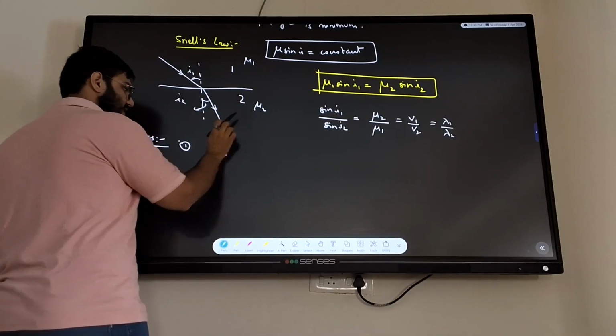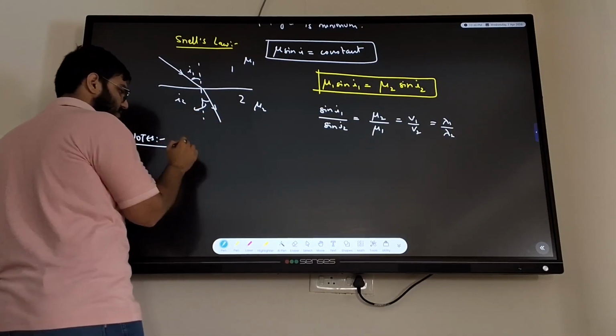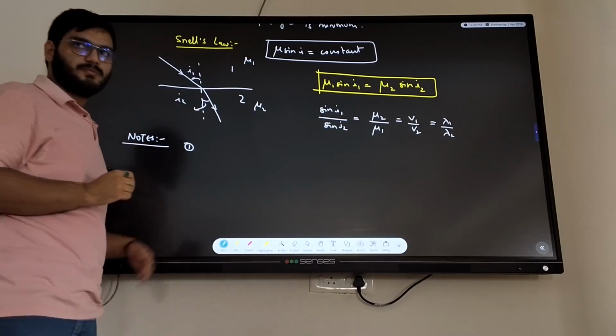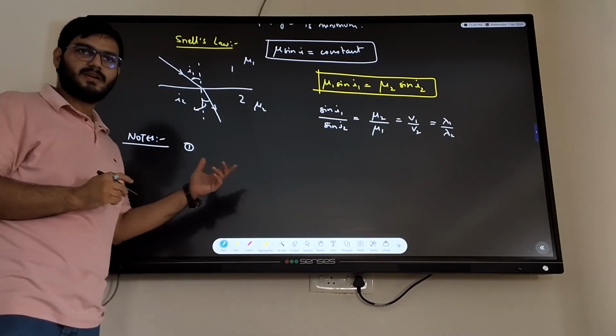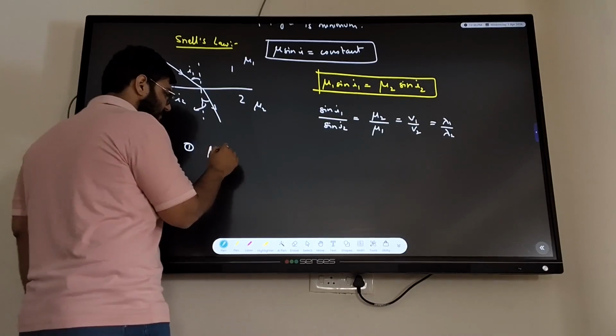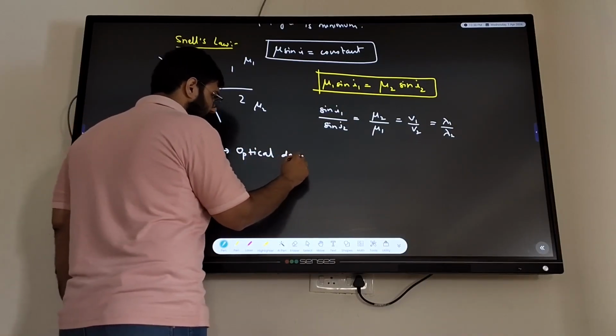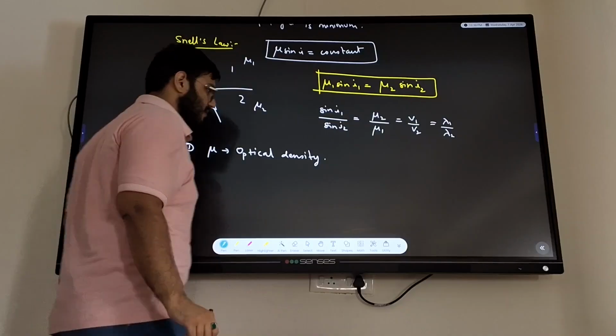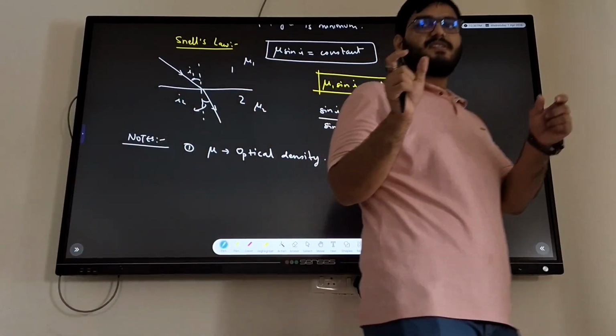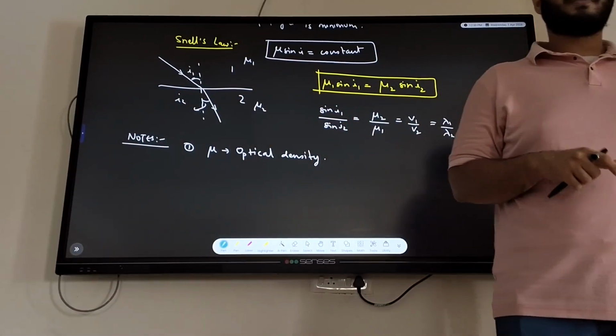If mu2 is greater than mu1, by the way, I should also say this: what is mu called? Refractive index. Its other name is optical density. Then have you heard these terms, rarer and denser mediums?